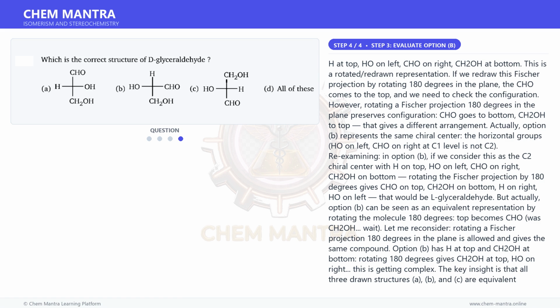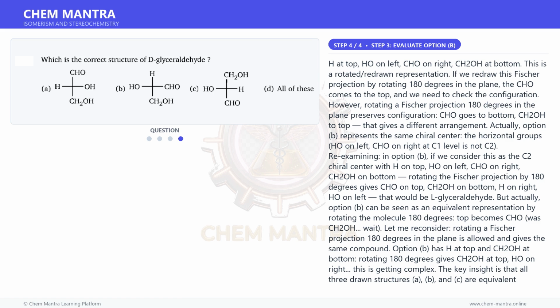But actually, option B can be seen as an equivalent representation by rotating the molecule 180 degrees, top becomes CHO, was CH2OH. Wait. Let me reconsider. Rotating a Fischer projection 180 degrees in the plane is allowed and gives the same compound. Option B has H at top and CH2OH at bottom.